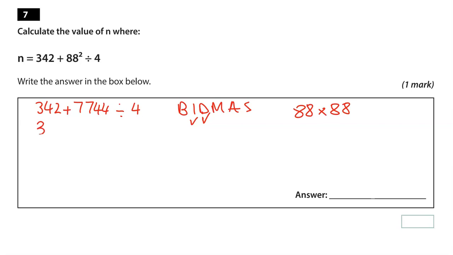So 342 plus, in the calculator we do 7,744 divided by 4, which is 1,936. So now adding 342 and 1,936 gives us 2,278.